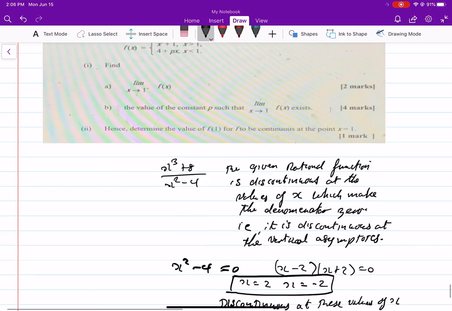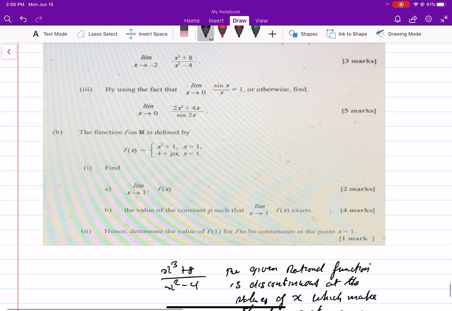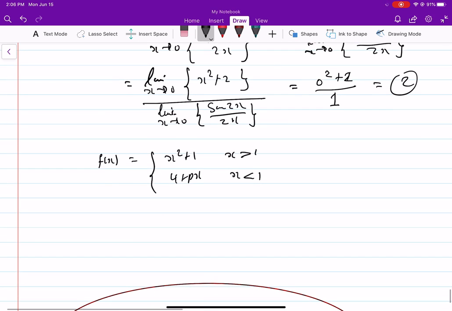Find the limit as x is approaching 1 from the left of f of x. Well, which one of these two functions exists to the left of 1?